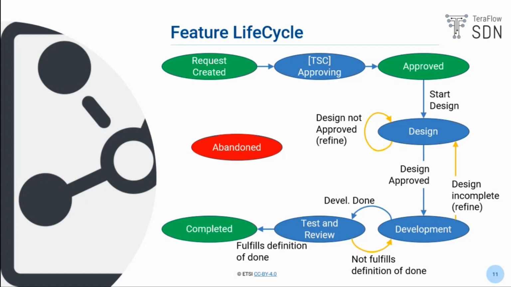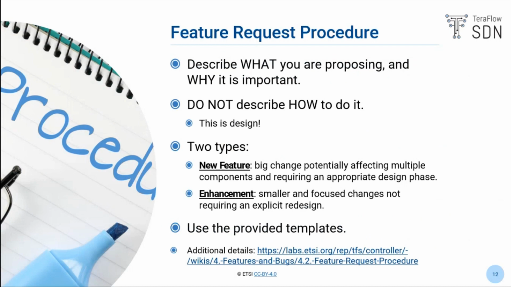So this is the full life cycle for a feature from the day that you think about it until this lands into the next release. This is the procedure. So you need to describe what you want, what you are proposing, and why it is important. You don't need to first start with how you want to do it. This will come later when we have the design.